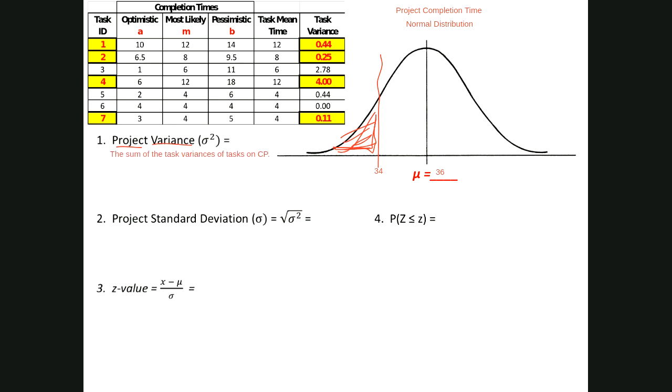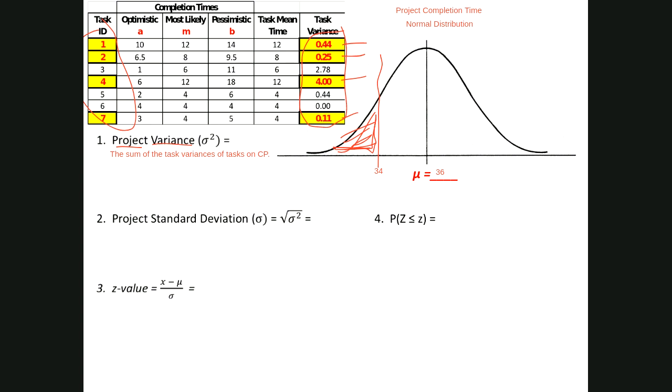That's why I have the critical path highlighted above, because we're going to add up the variances of those tasks on the critical path: 0.44, 0.25, 4, and 0.11.